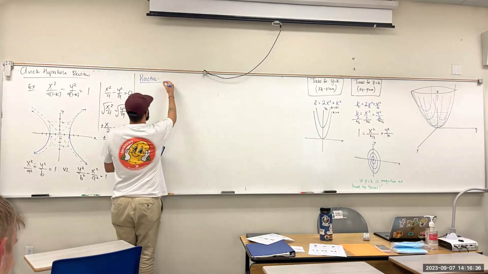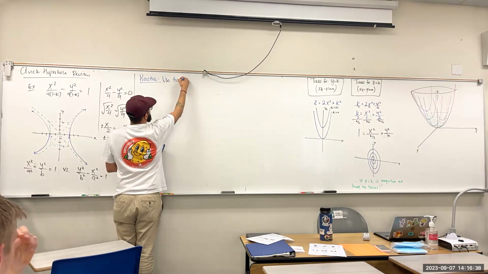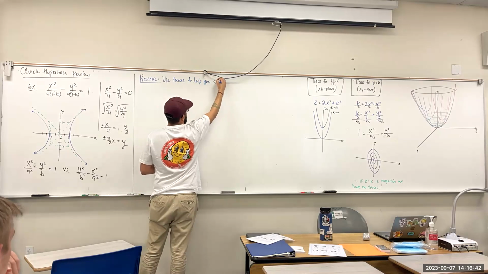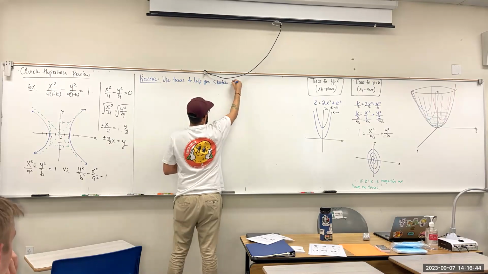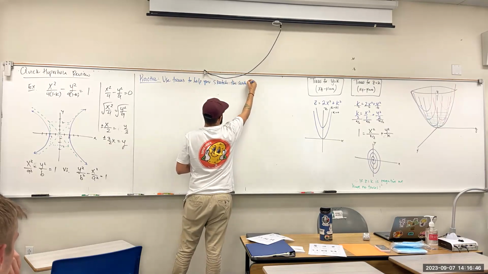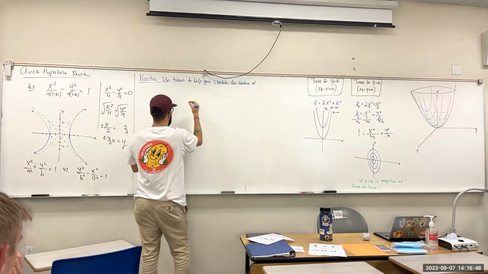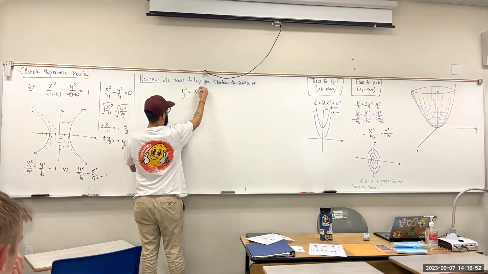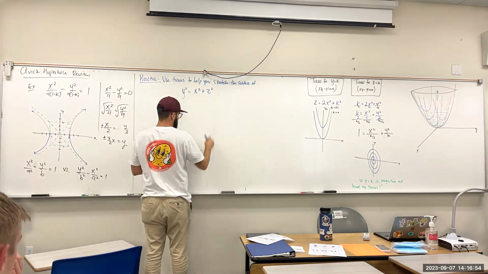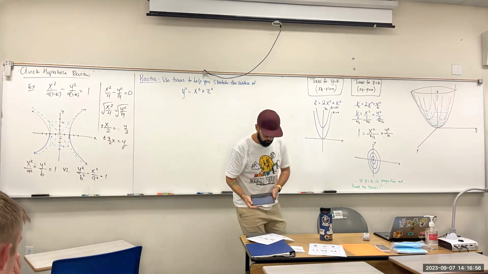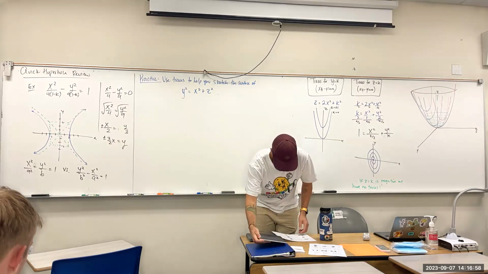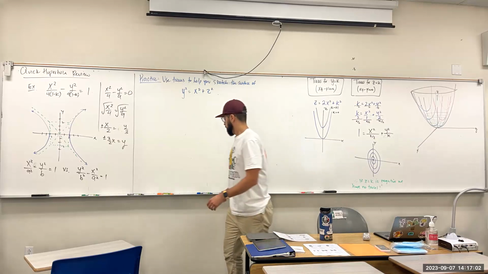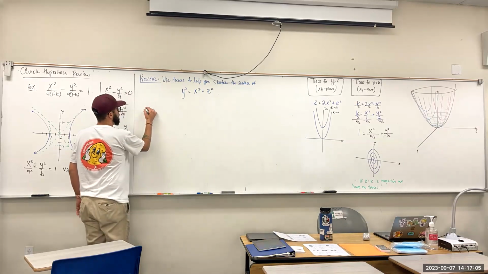All right, so use traces to help you sketch the surface of y squared equals x squared plus z squared. So what you're going to want to do is make your traces.